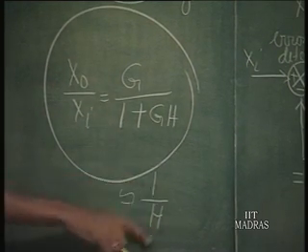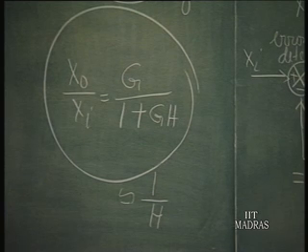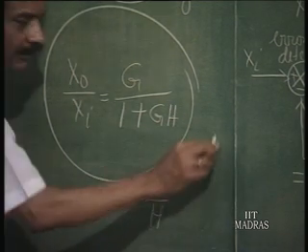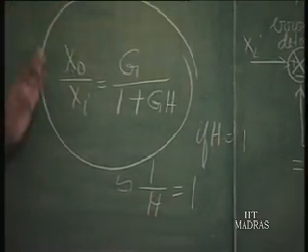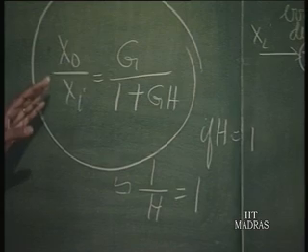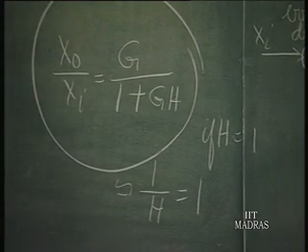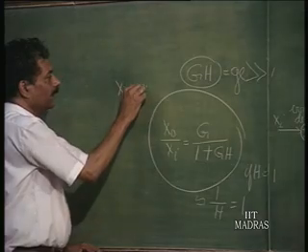It becomes dependent only upon the feedback factor H. And if H is 1, this is equal to 1. That means Xo is going to be following Xi.